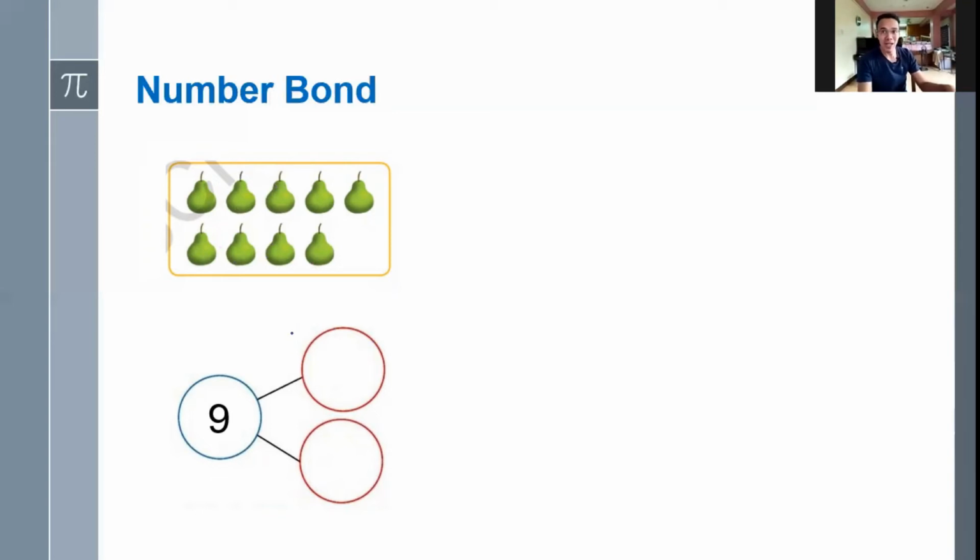We're just going to draw a line anywhere you want. You can draw a line here. This line divides the group into 2 parts. The first group has 1, 2, 3, 4 objects. We write here 4. The second group has 1, 2, 3, 4, 5 objects. We write here 5. 4 and 5 make 9.